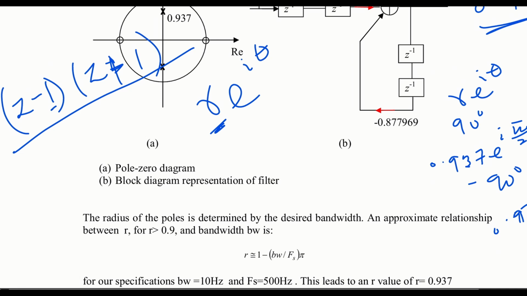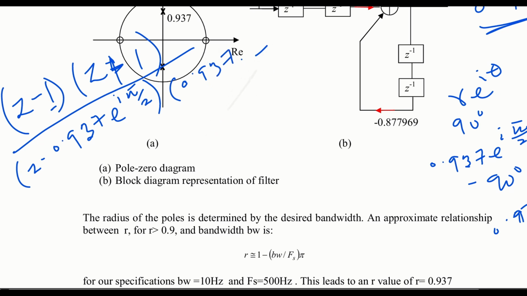So this is our numerator, and our denominator will be z minus 0.937 e raised to the power i pi on 2, then, sorry, it's supposed to be z first.